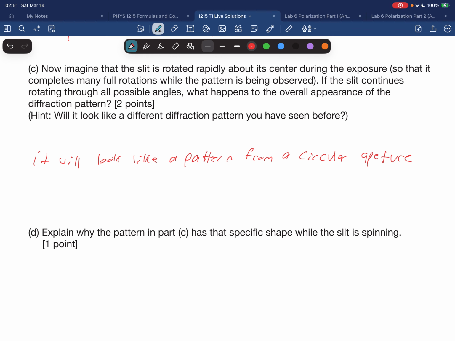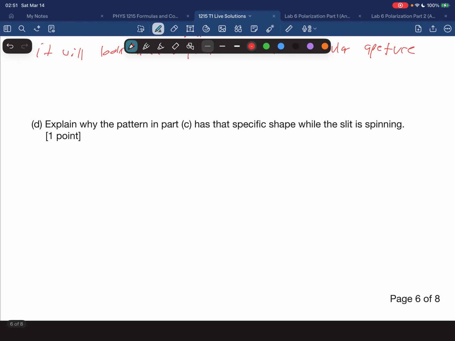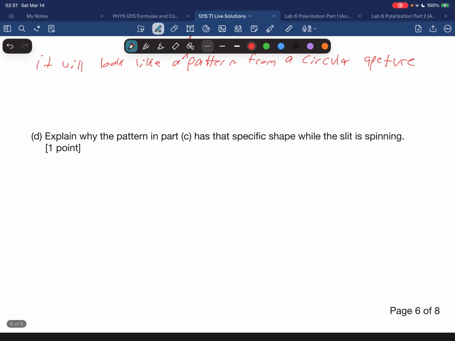It will look like a diffraction pattern from a circular aperture. So the overall appearance of the diffraction pattern will begin to look like a diffraction pattern from a circular aperture. Part D, explain why the pattern in Part C has that specific shape while the slit is spinning.